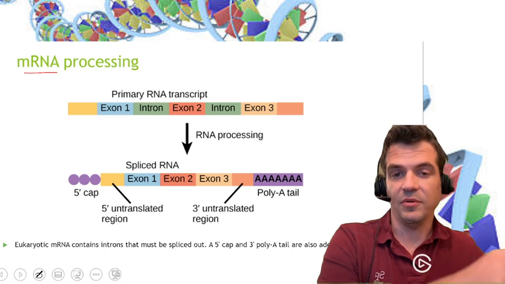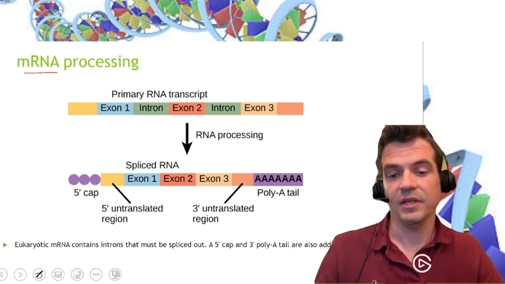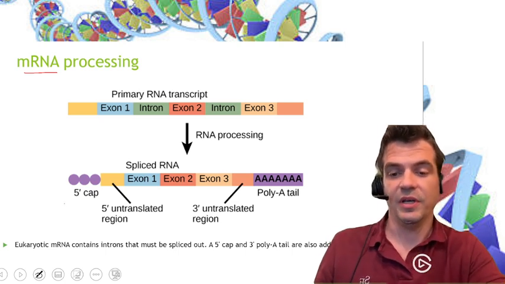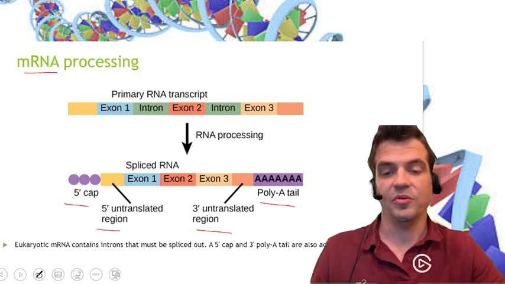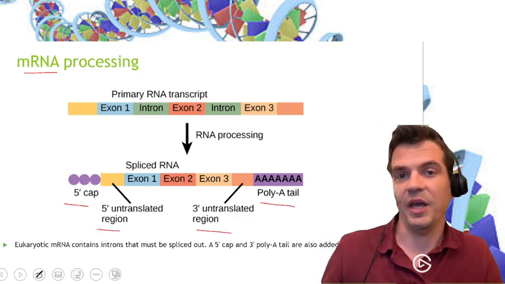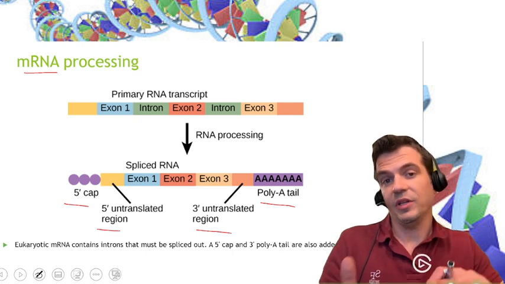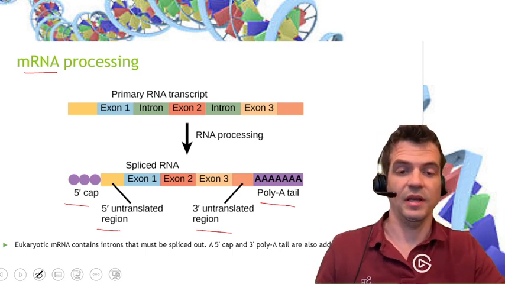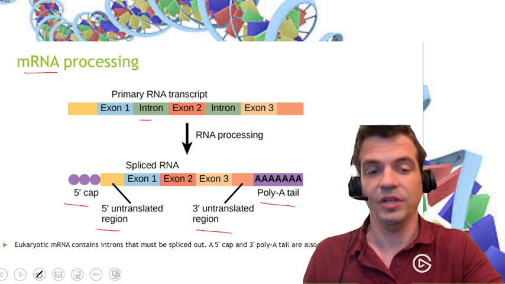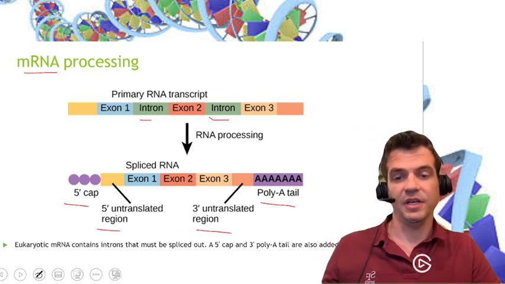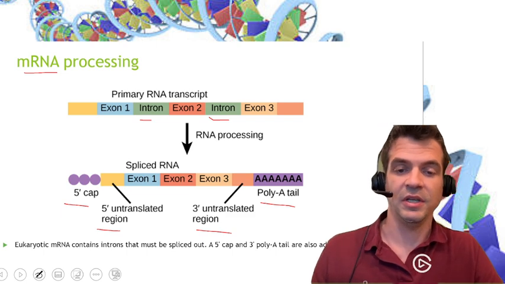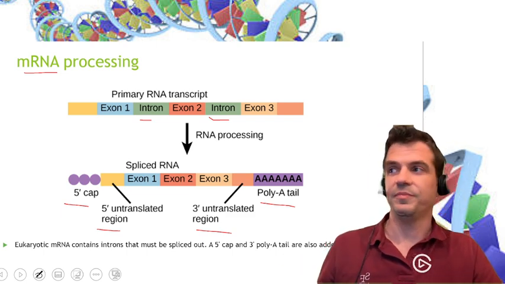It needs to get out of the nucleus. It needs to be told where to go, and it uses these features, untranslated regions, the 5' cap, and the poly A tail, to tell it where to go. We also cut out these things called introns. Introns are not needed. They're just in the sequence, but they can be removed.